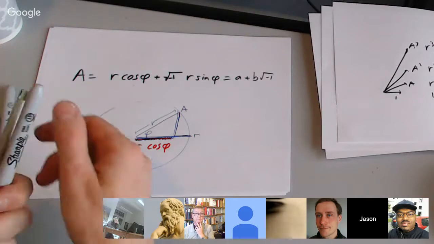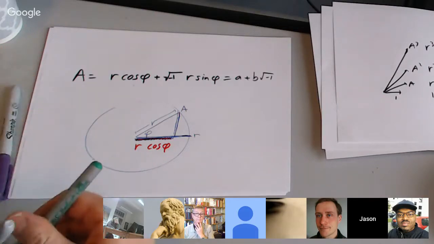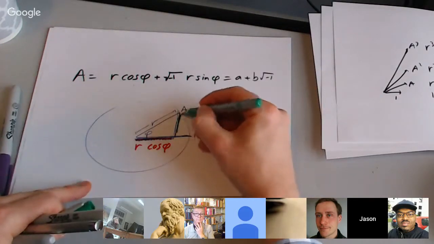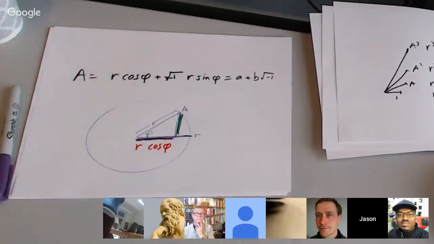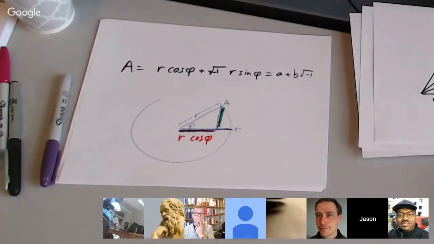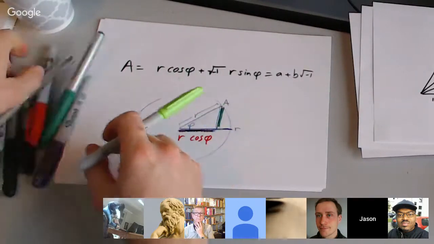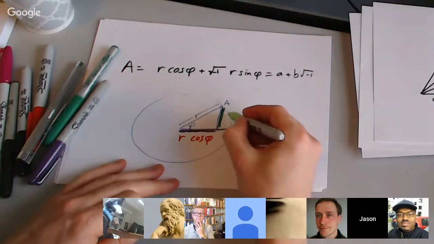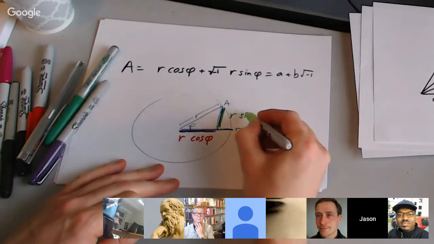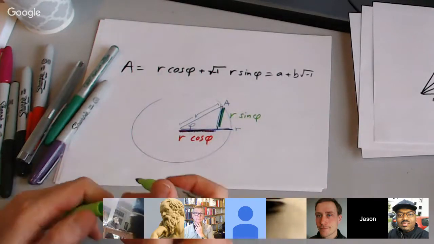And what is the vertical part here? It's the sine of the... Right. Yeah, this length is r sine phi.